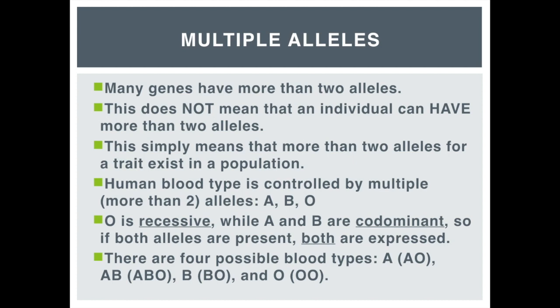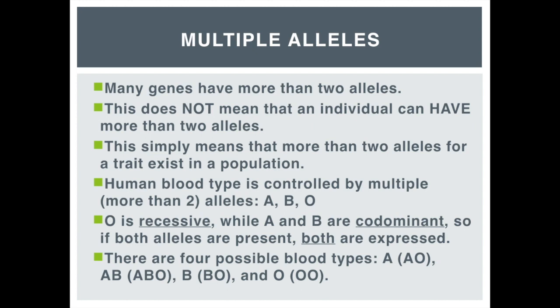Basically, we have blood type A, blood type B, and blood type O. Here we have three different alleles, but that doesn't mean we have three different blood types. The allele O is recessive, while the alleles A and B are co-dominant.